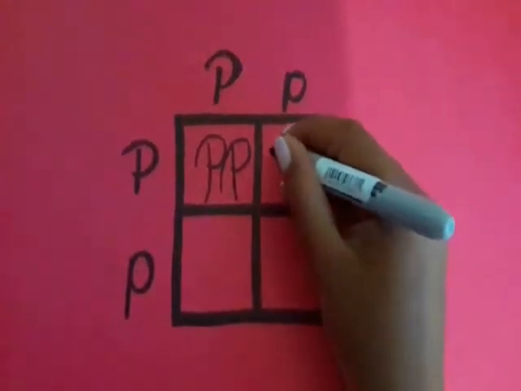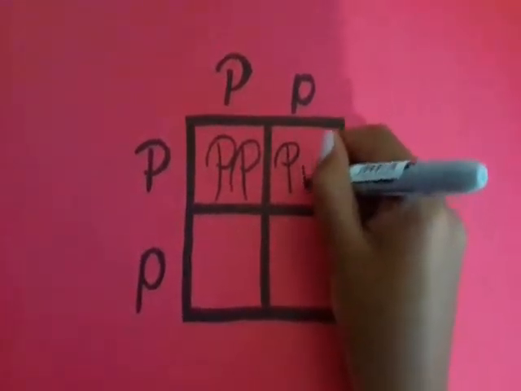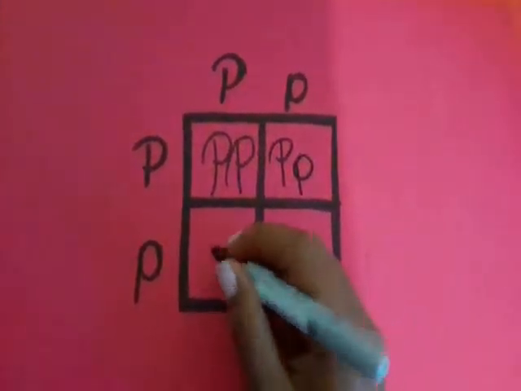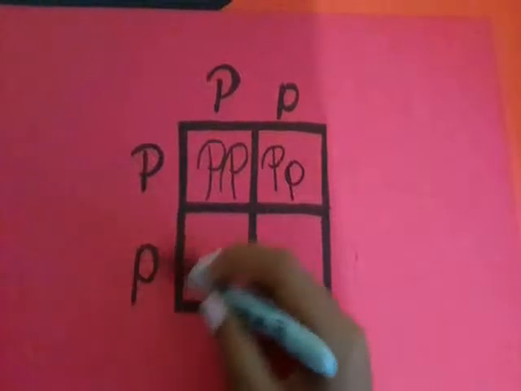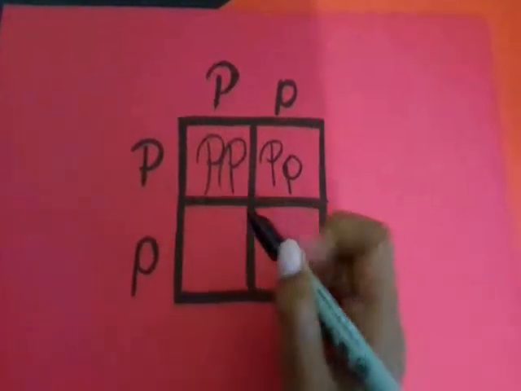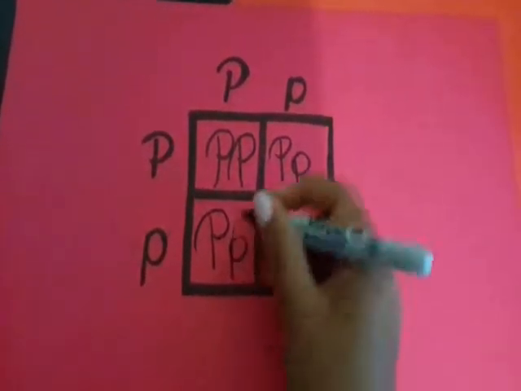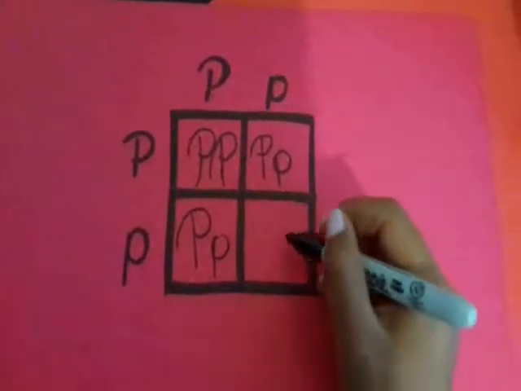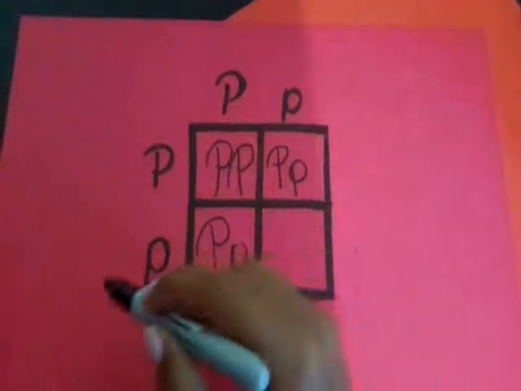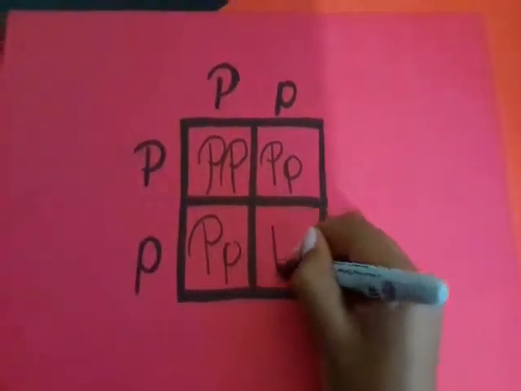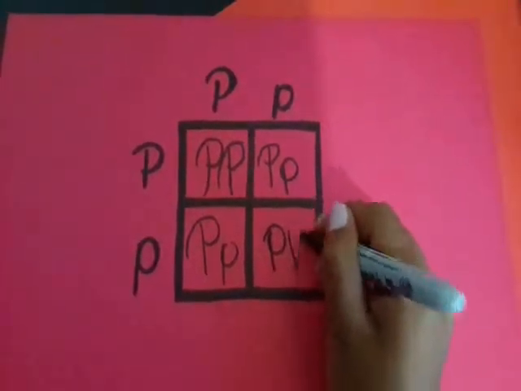We always have to put the capital first, so capital P and lowercase p. Here we observe we have another time lowercase p and capital P. We put the capital first, so capital P, lowercase p, like this. And here we obtain lowercase p and lowercase p.